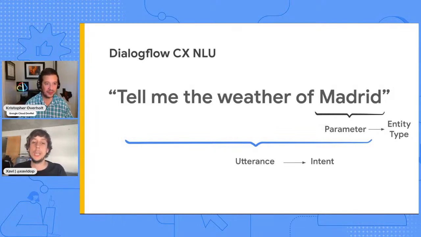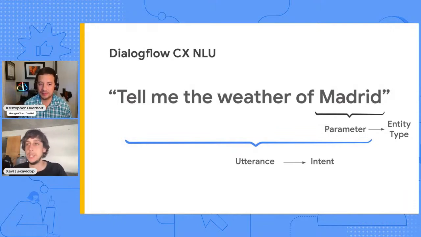So on the NLU, we will have that intent. And then, as you can see here, Madrid is an entity type. Once you add that entity type into an utterance, it's called a parameter. We can say it's kind of a variable, the variable part of an utterance that can have multiple values.